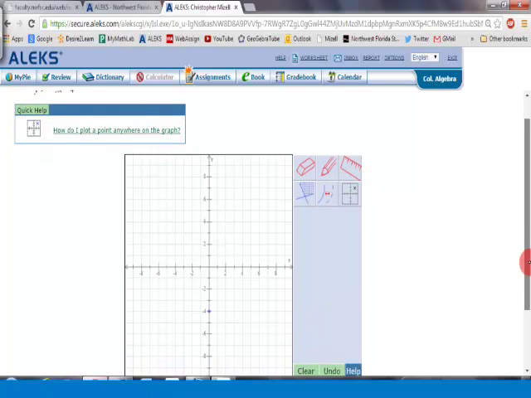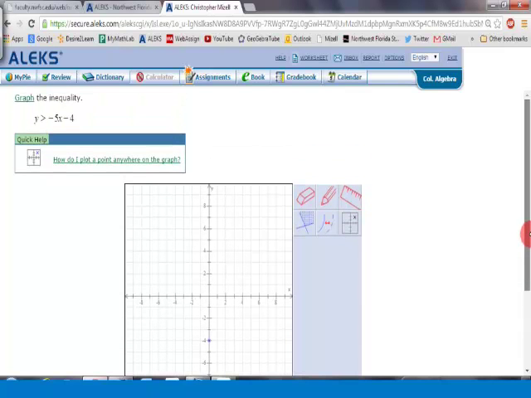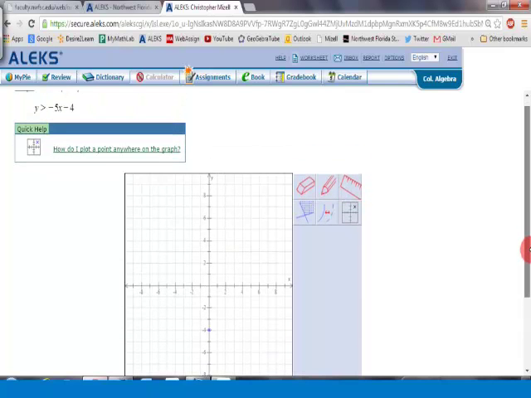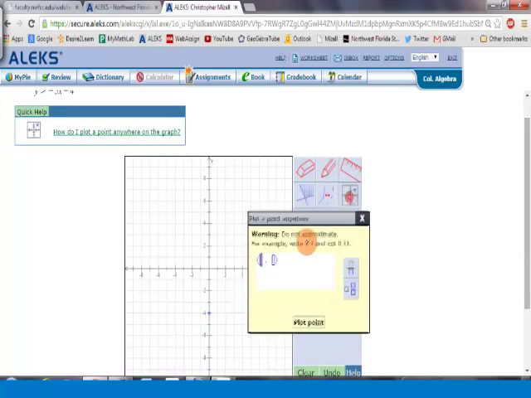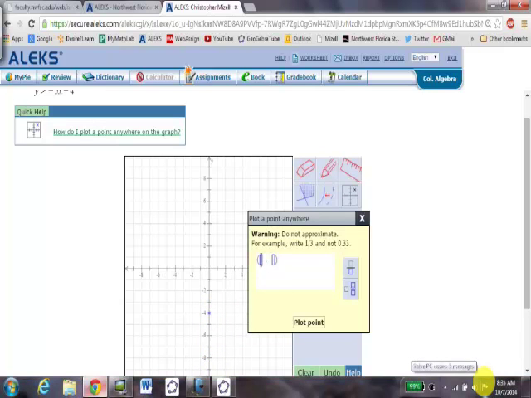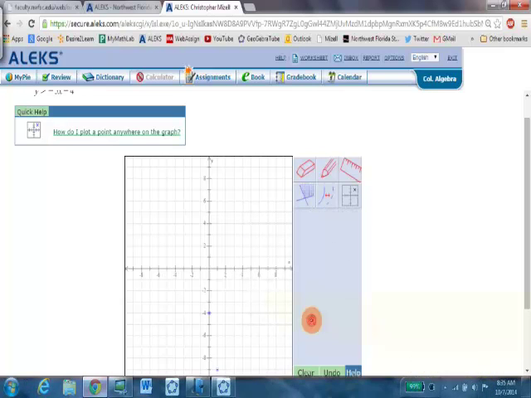Can we actually go down 5 units and then to the right? I believe so. So plot another point. If we go 5 units down from there and 1 to the right, that would be 1, negative 9. That should also be a point on the graph.